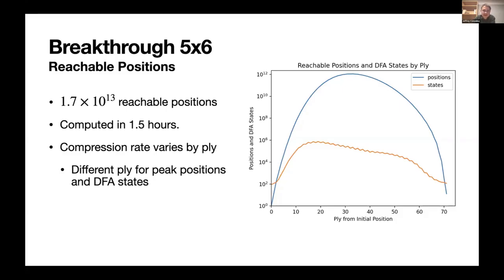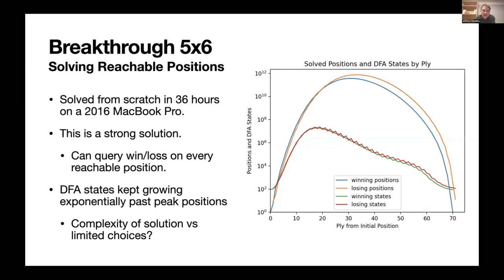So this gives us pretty good compression rates. We then solved backwards through these reachable positions and got a complete solution here. So this is a strong solution. We can query every position that's reachable for win-loss status. We did see a long period in the middle where the number of states was growing exponentially with each ply we solved backwards.